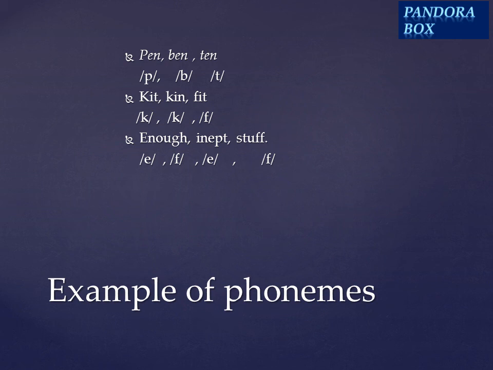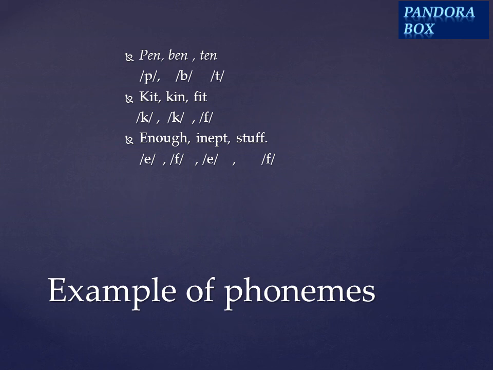Just like in stuff, double F is giving the F sound, as in enough, GH is giving the F sound. So GH is giving a single phoneme. It's not G and H. In enough, we are focusing on the sound: the A sound, the N sound, OU giving a single vowel sound, A, and GH giving a single sound, F. There are four sounds in enough.